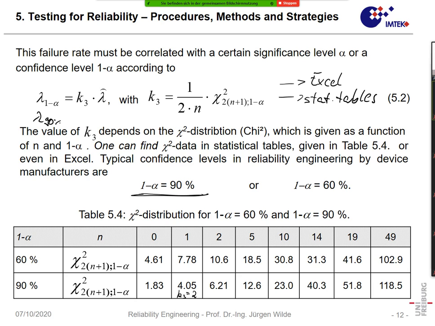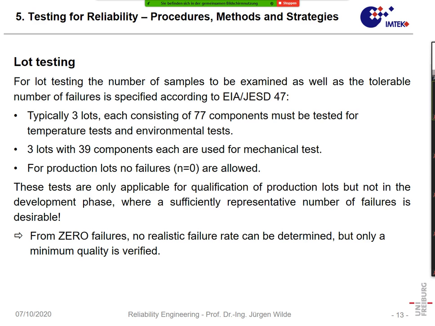For instance, 118 divided by 98 is almost 1. So you could say when you have many failures, that means your K3 approaches 1. So in that case, you can roughly take your measured failure rate as a failure rate for that certain confidence level.